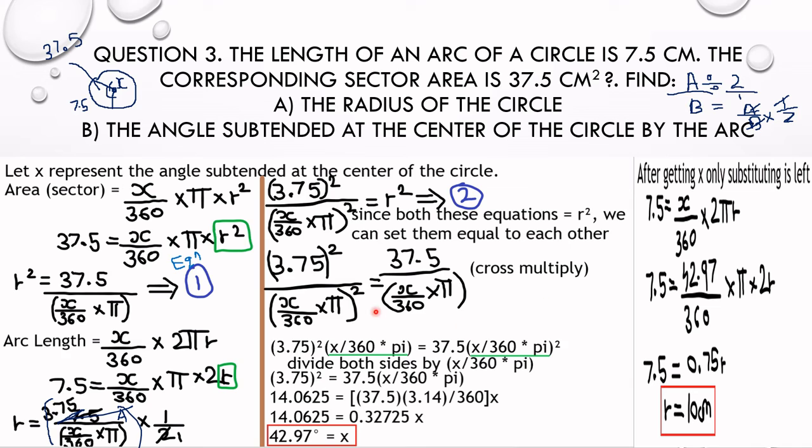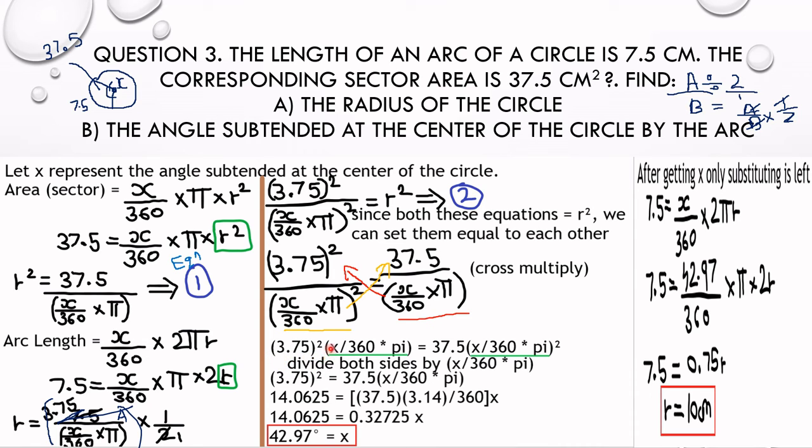Now we can cross multiply. That means taking this over here and taking this over here. So after cross multiplication, we get these as the value.